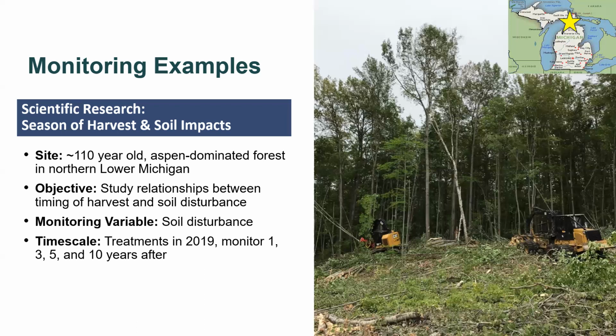One of our project goals with AAME, as I'll call it for short, was to evaluate management impacts on soil carbon and related soil properties over a range of timescales. And in the short term, we wanted to quantify how the timing of harvesting influenced the degree of soil disturbance.